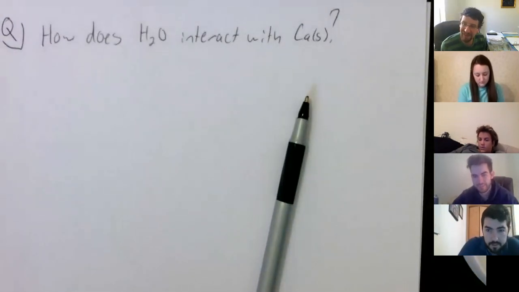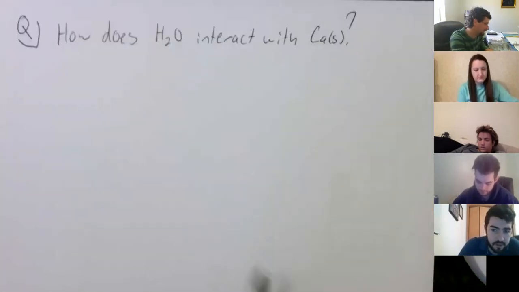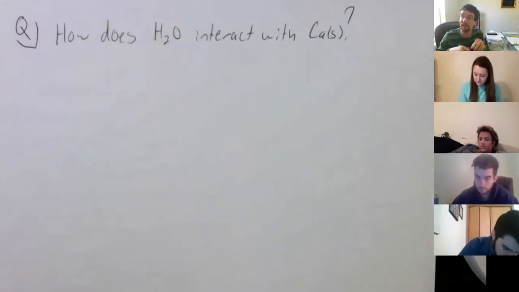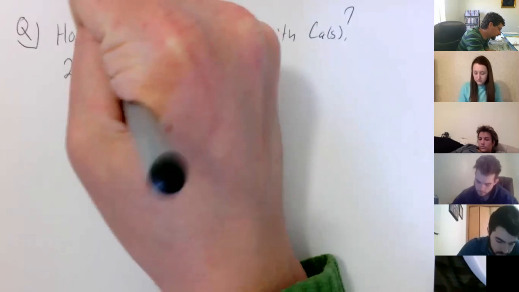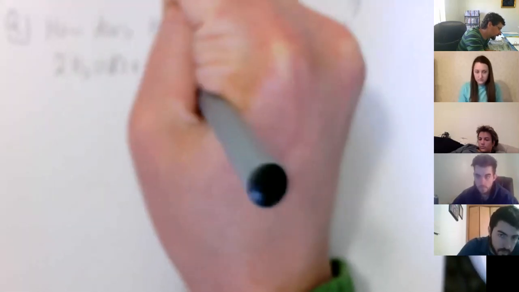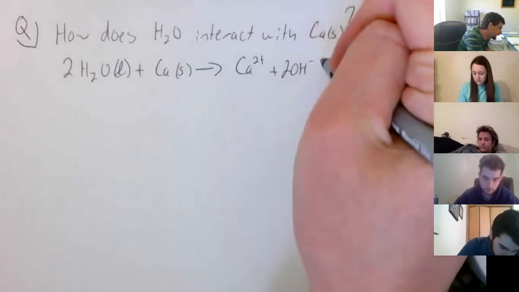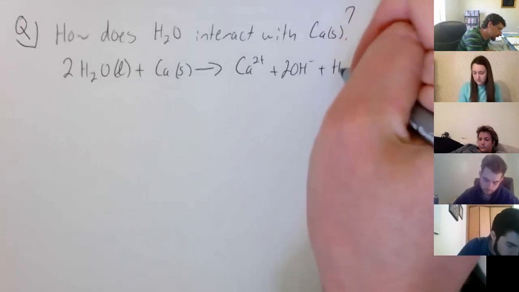Isn't there like a combustion? Yeah, it makes calcium hydroxide. Yep, it's going to make calcium hydroxide. It's a combustion too. Well, it creates hydrogen gas, and it's so hot that it actually burns that off. So 2H2O liquid plus calcium solid gives calcium 2+ plus 2 hydroxides, and H2 gas.